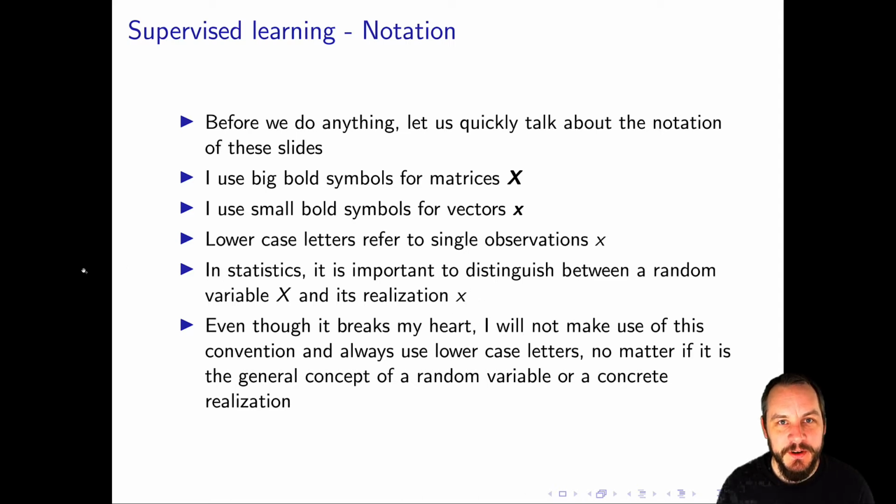And even though statisticians may not like this, just to make it easier for you and to keep the notation simpler, I will not distinguish here in my slides. So no matter if it's the random variable or the concrete realization, I will always use lowercase letters. So big sorry to all the statistics experts here.